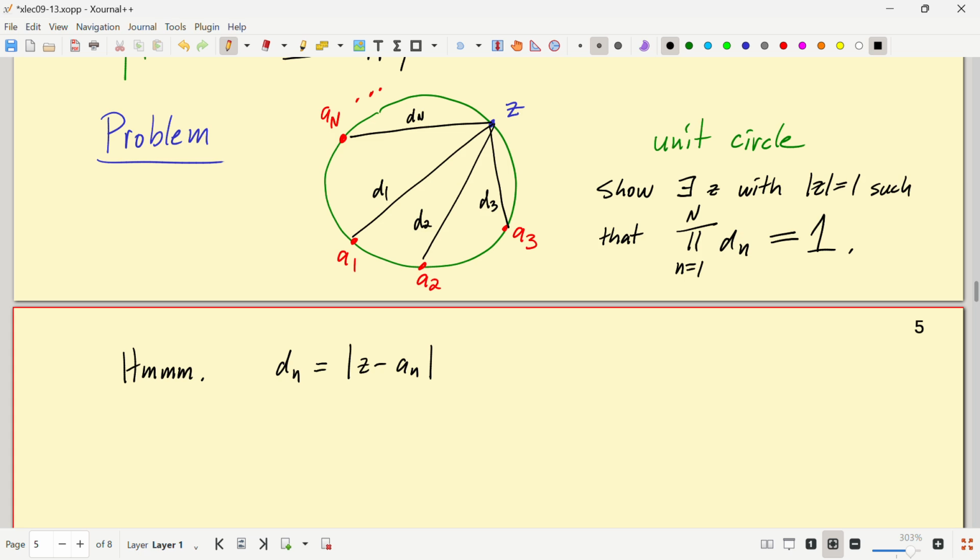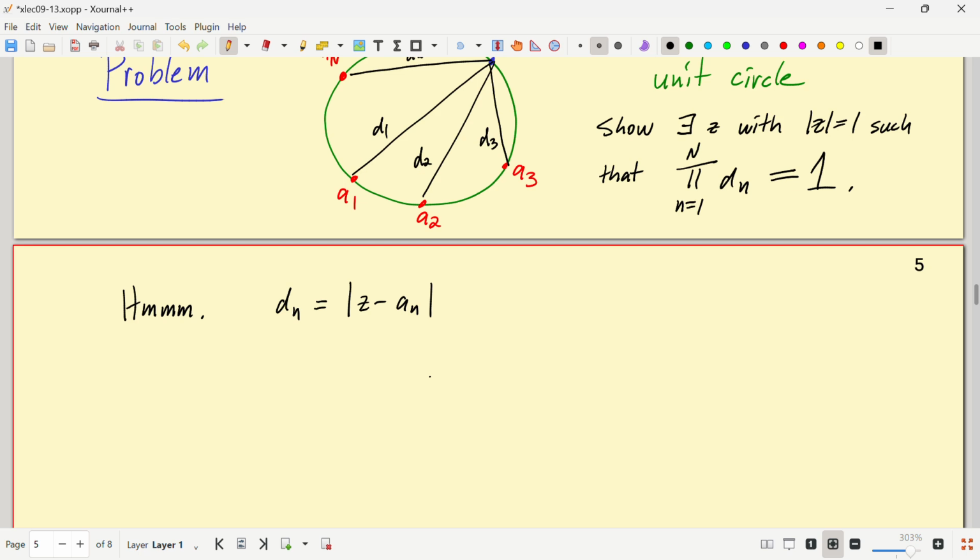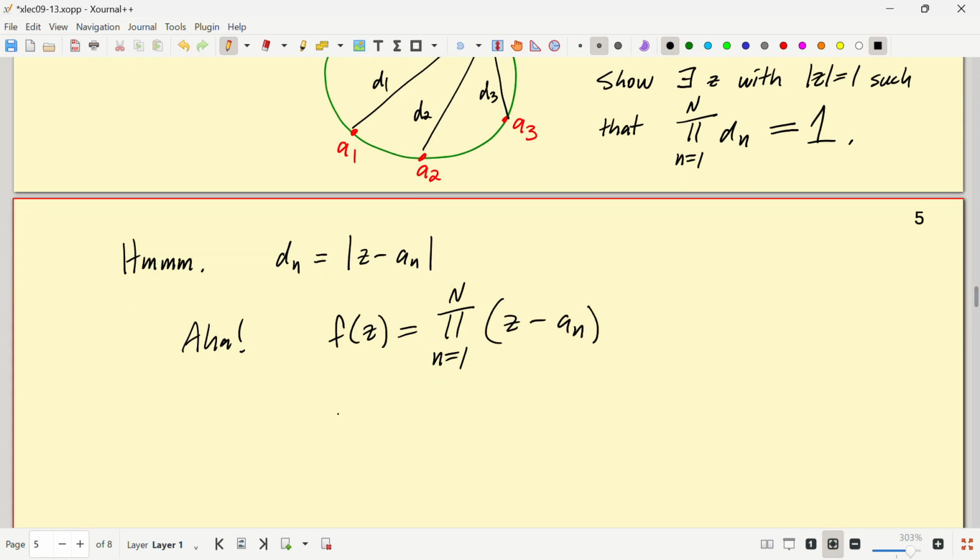And so there's a natural analytic function going to be related to this thing, namely f of z is going to be a polynomial, which is the product, as n goes from 1 to capital N, of z minus an. Then the modulus, and here's the modulus. Okay, when the modulus of z is 1 on the boundary, then the modulus of f of z would be the product of those. That's exactly the number we want.